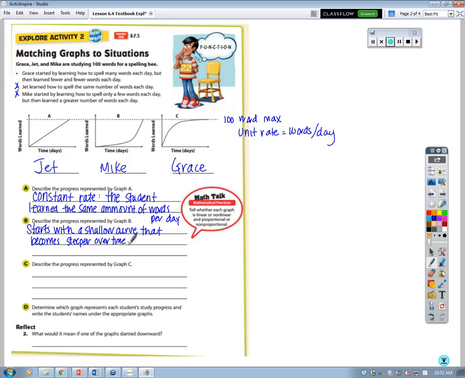Meaning the student learned few words in the beginning and then learned many. The student learned only a few words per day initially. Then learned many words per day.